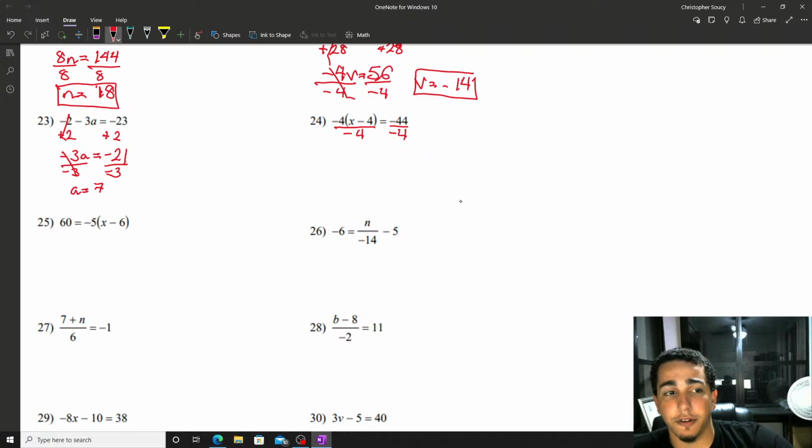On the left side, the negative 4 on the outside and the negative 4 we're dividing by both cancel, and we just have x minus 4 equals negative 44 divided by negative 4 is positive 11. x minus 4 equals 11. To get x by itself, we add 4 to both sides, and we'll get that x equals 15.